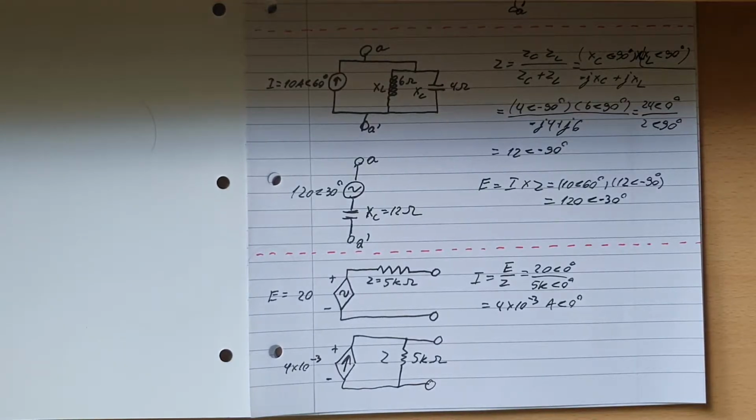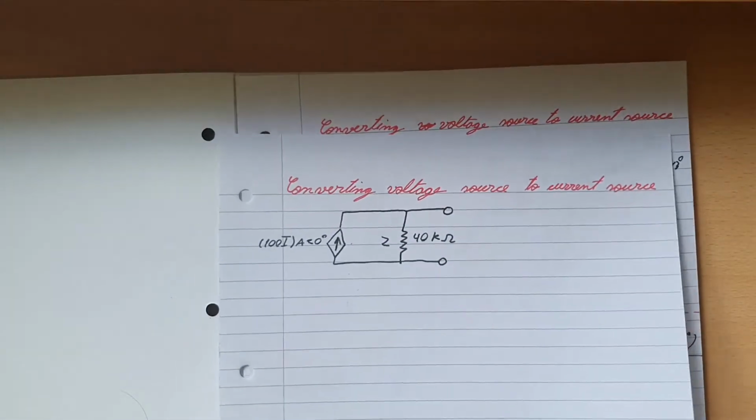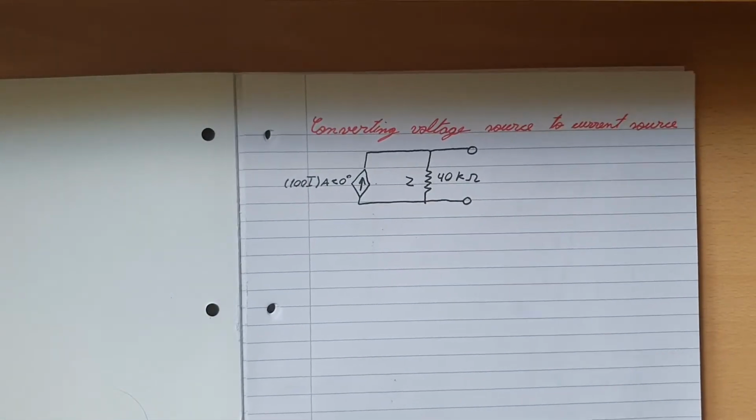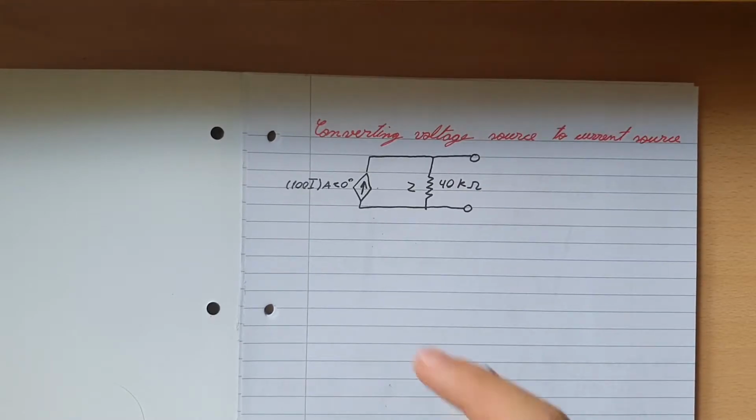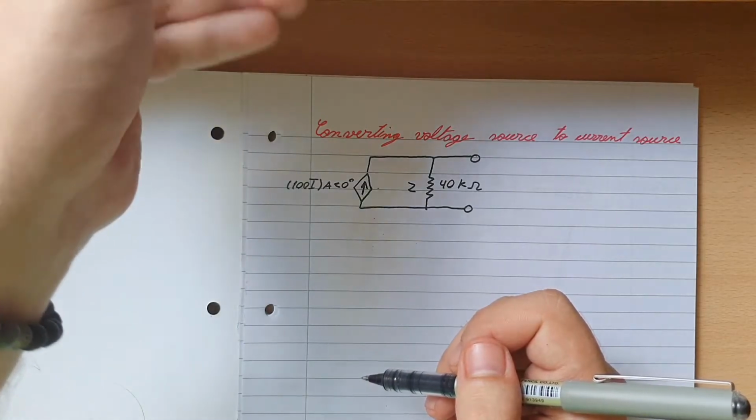Alright, let's go to the next one, because of course there's one more. I'll also show you how to convert a dependent current source, which is this one here because it's got the rhombus instead of the circle, to a dependent voltage source.